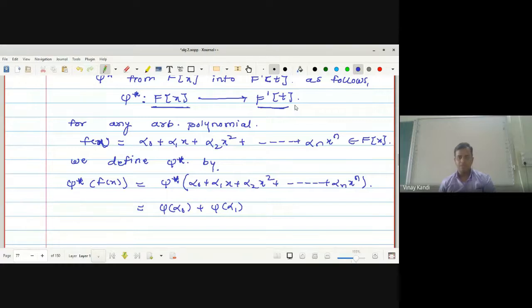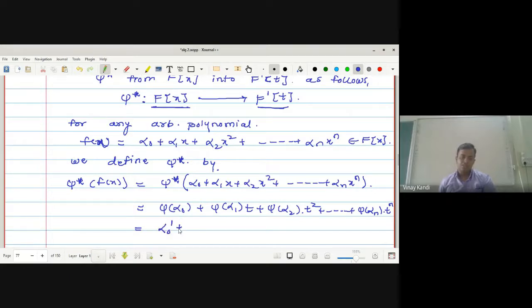Okay, it goes into the codomain. What is the variable here? t. Psi of alpha 1 t, what will x become? t. Psi of alpha 2 t square up to so on psi of alpha n into t raised to n, and psi of alpha naught is what?